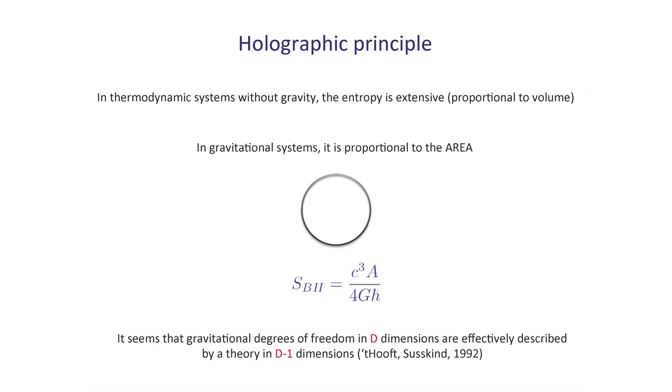It seems that the gravitational degrees of freedom in d dimensions, generically, are effectively described by some theory in d-1 dimensions. This is known as the holographic principle, which was first discussed by 't Hooft and Susskind in 1992. So again, for a system with gravity occupying some volume, the effective degrees of freedom seem to live on the boundary of this region, in lower dimension.